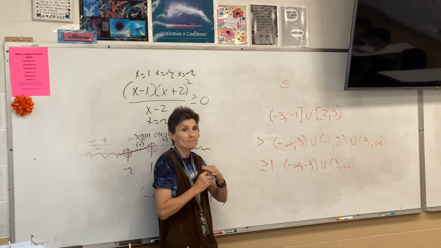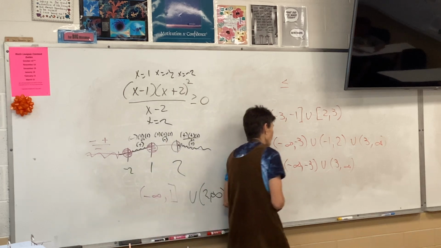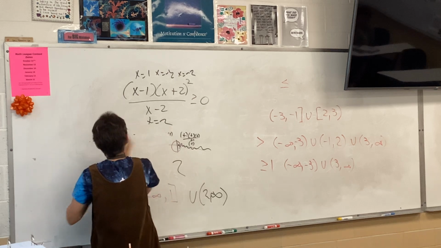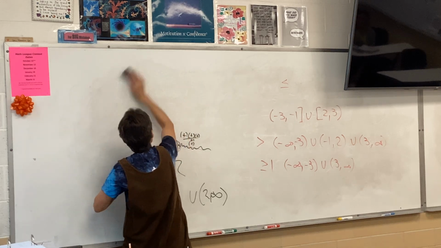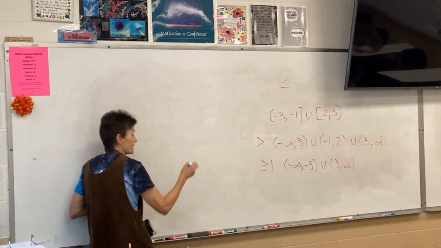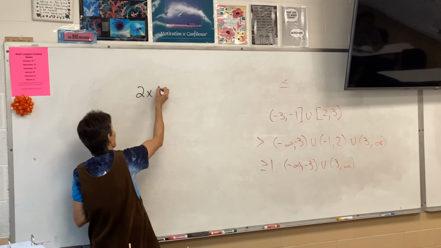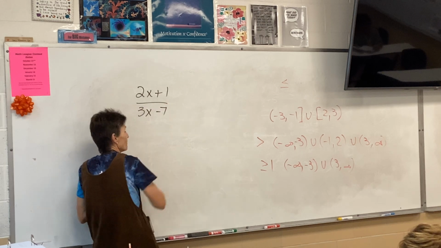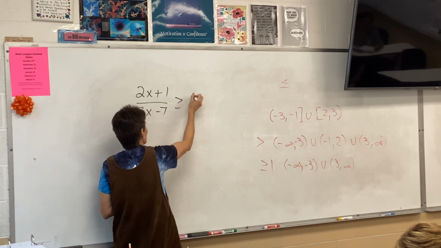You okay with that? All right, I need to throw one more problem at you because as awesome as Mr. Passwater is, he really was too nice to you in this exercise. What if we had 2x plus 1 over 3x minus 7 greater than or equal to 4?